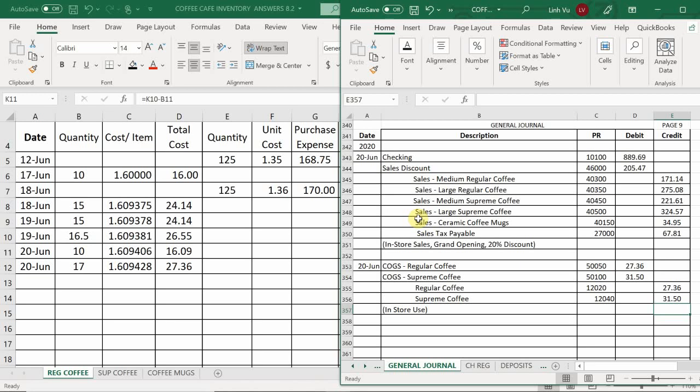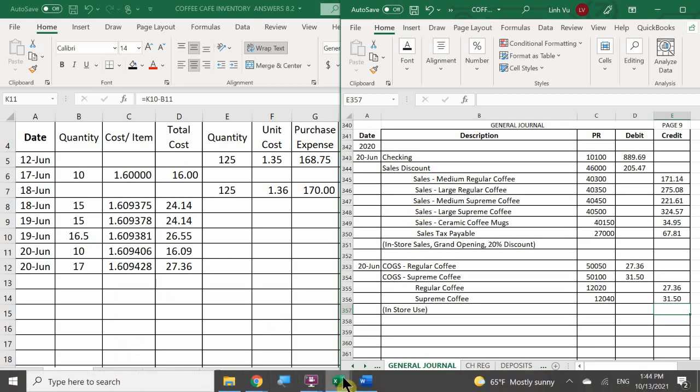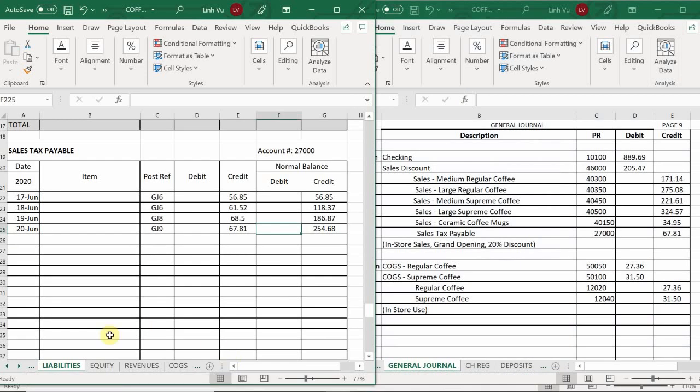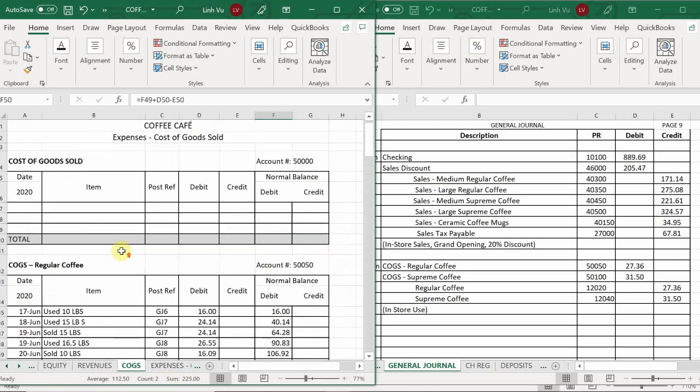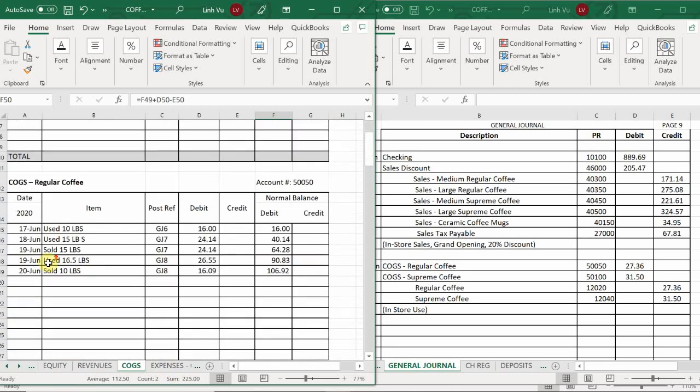So we go into the ledger after that. Yes, we're going to go to the ledger. And 492 plus used 17, 134.28. Oh, 17 pounds.